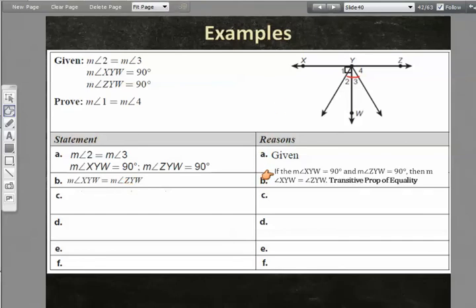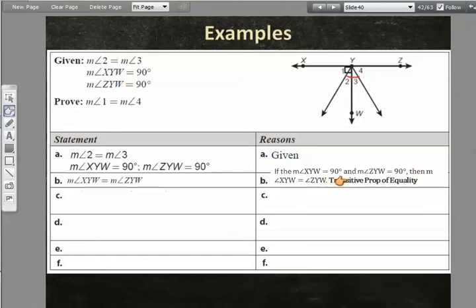I put, if the measure of angle XYW equals 90 and the measure of angle ZYW equals 90, then the measure of angle XYW equals the measure of angle ZYW. See how that is my given, the if, and my then is what I have right here in my current statement.